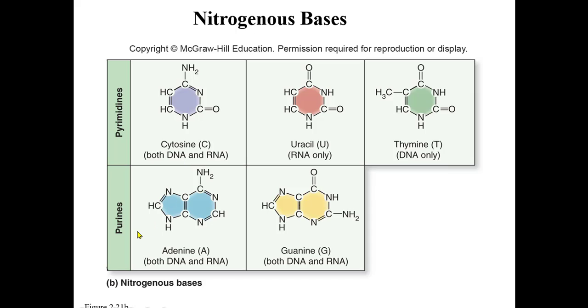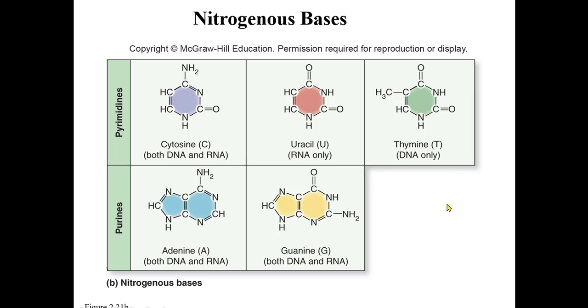And the purines are only with double rings, right? So purines have double rings. You can also see that pyrimidines having all single rings are going to be the C, the U, and the T. And the purines will be the word page, adenine for A, G for guanine, and E for nothing.